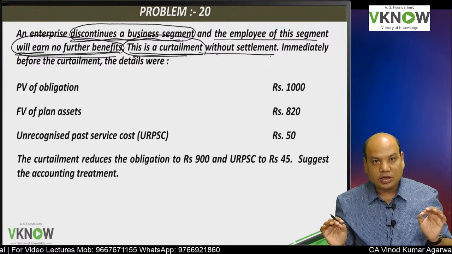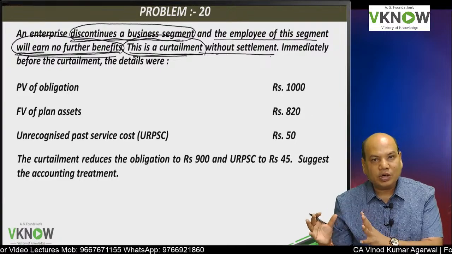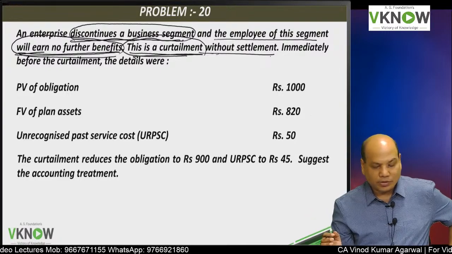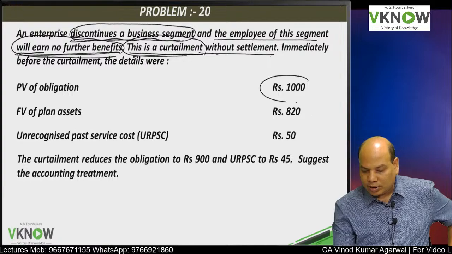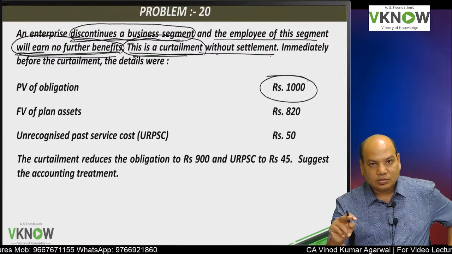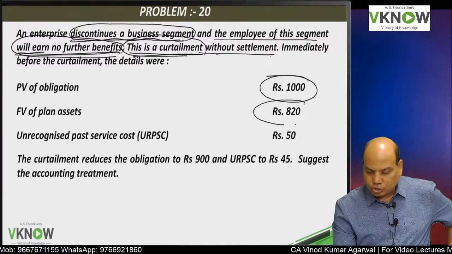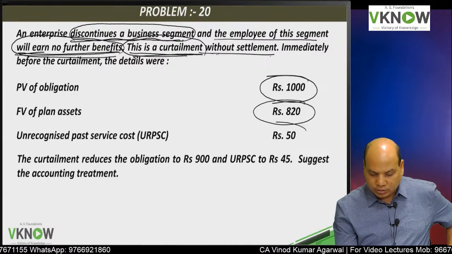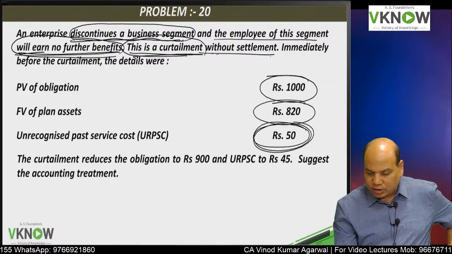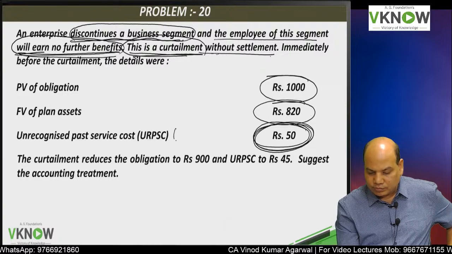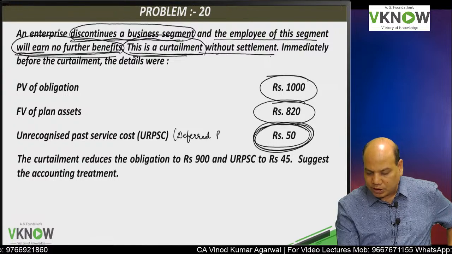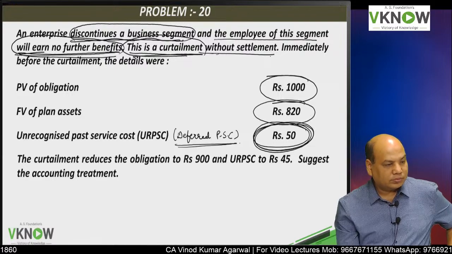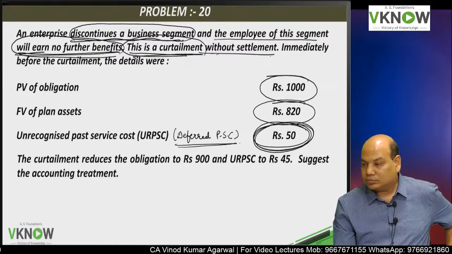Immediately before the curtailment, now see the figures appearing in your books, in your balance sheet. You have a liability appearing in the balance sheet of 1000 rupees. You have fair value of plan asset appearing in balance sheet 820, and you have unrecognized past service cost, that is deferred past service cost, not yet recognized in P&L account, appearing in the books 50.